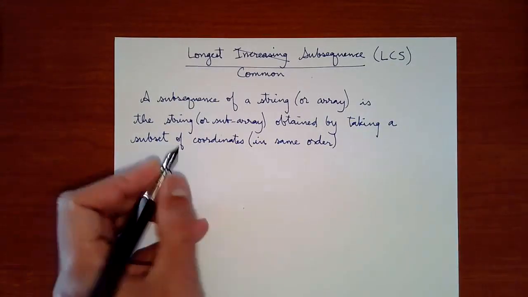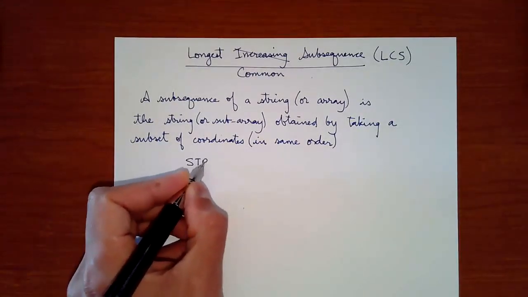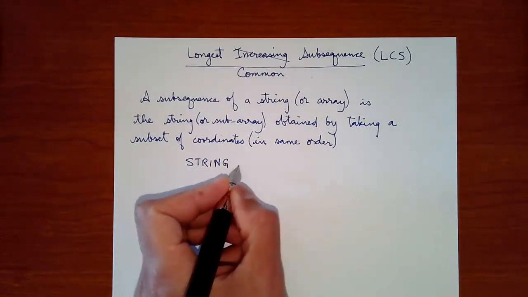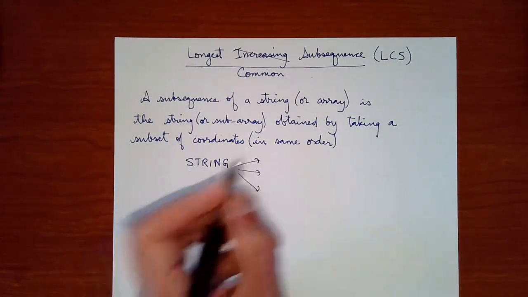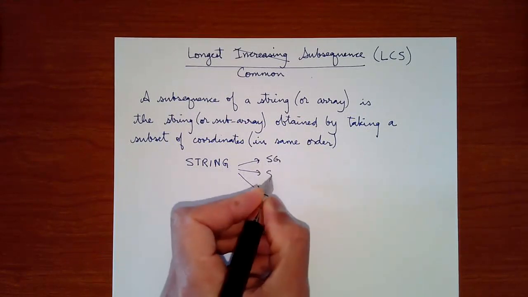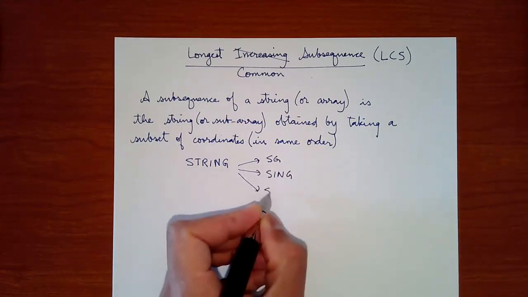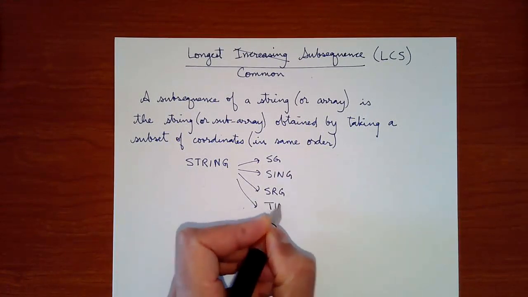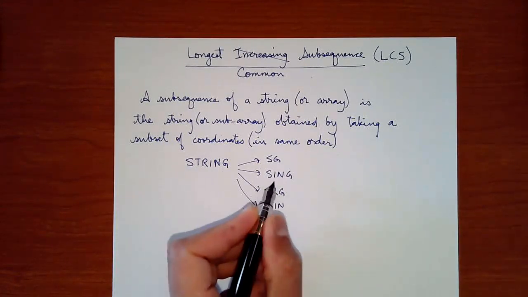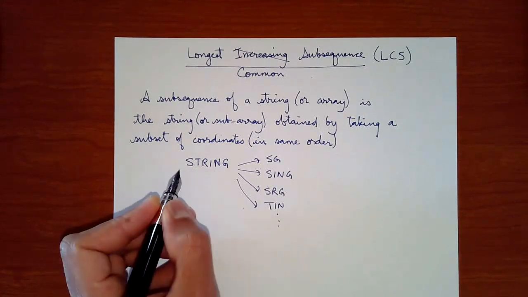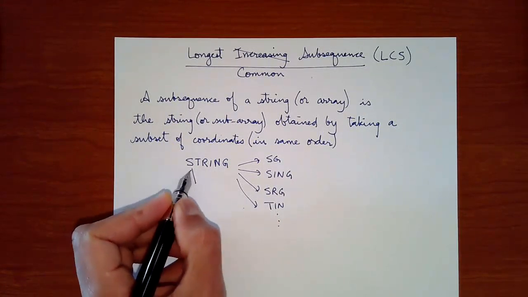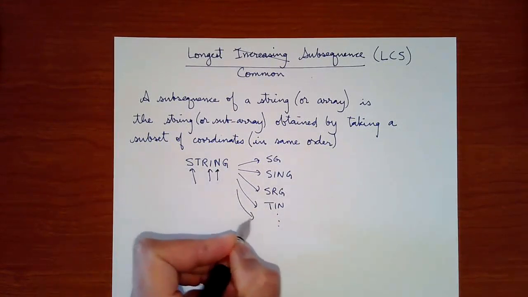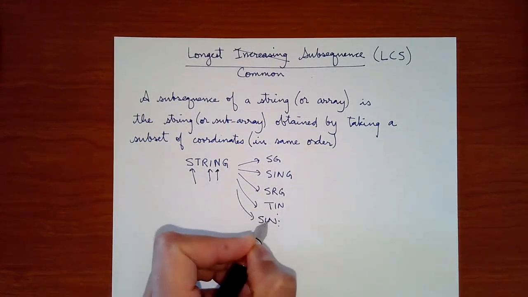For example, if you look at the string "string", which is itself a string, the subsequences are like SG, SING, SRG, TIN, and so on and so forth. This does not have to be contiguous. So you can take this, this, and this, and you would get SIN.